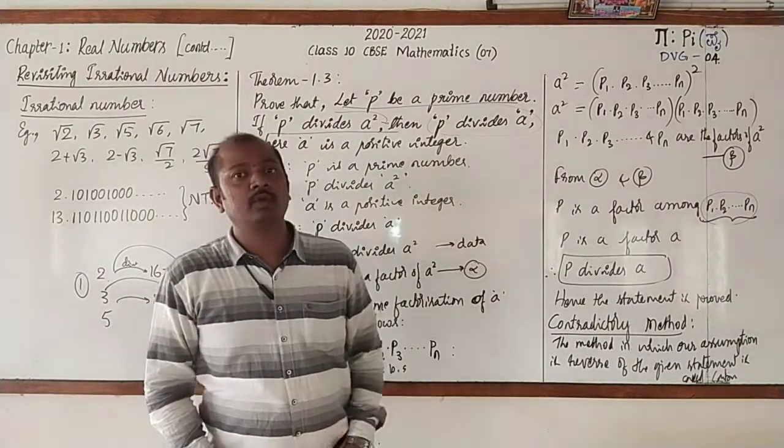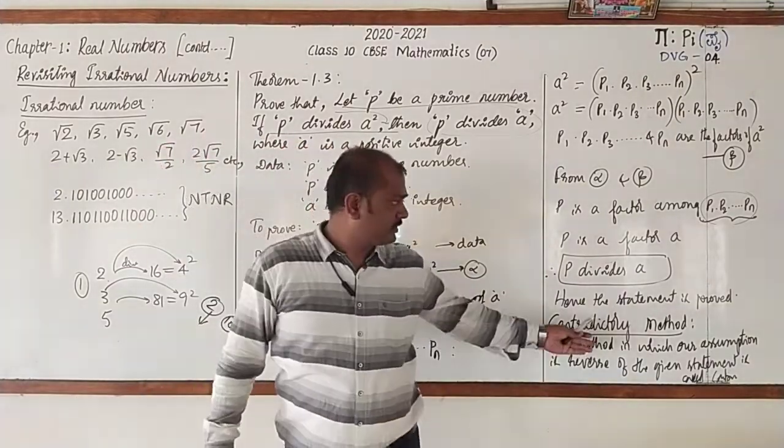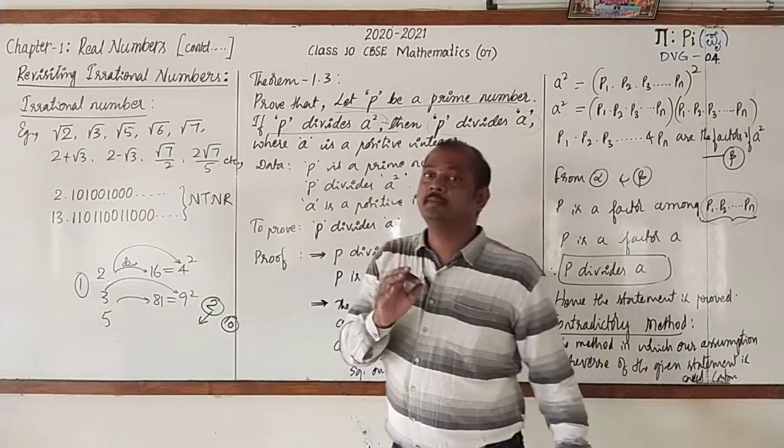Now let us come to know how to prove these numbers as irrationals by contradictory method.